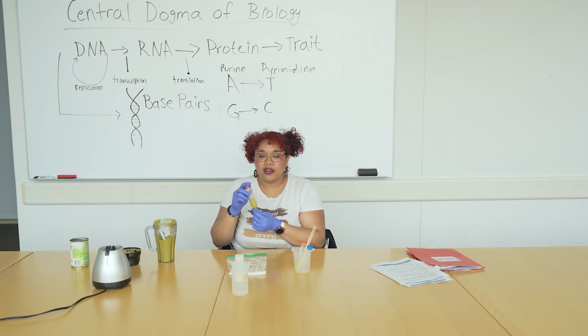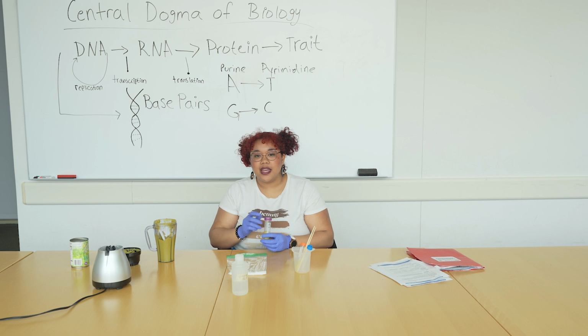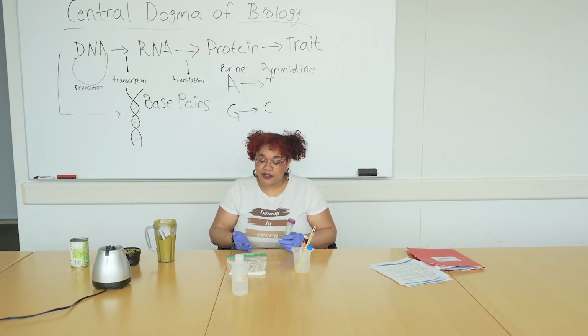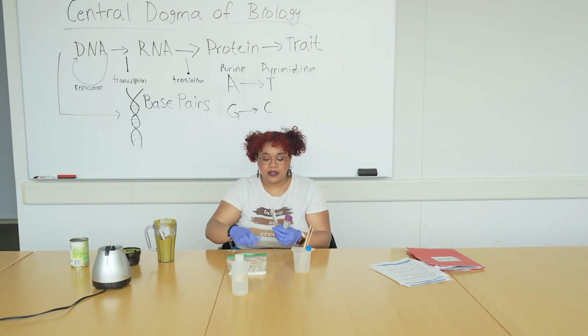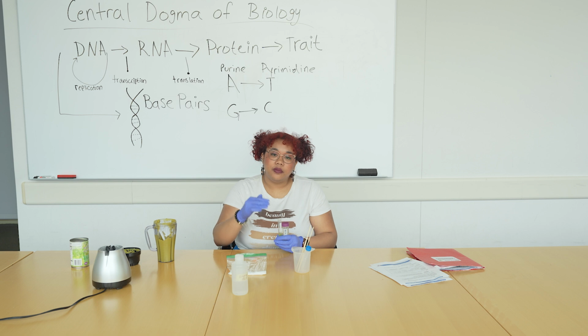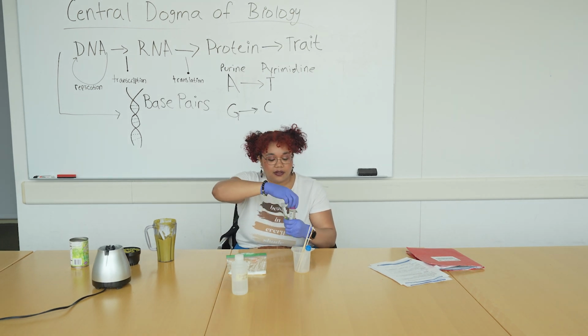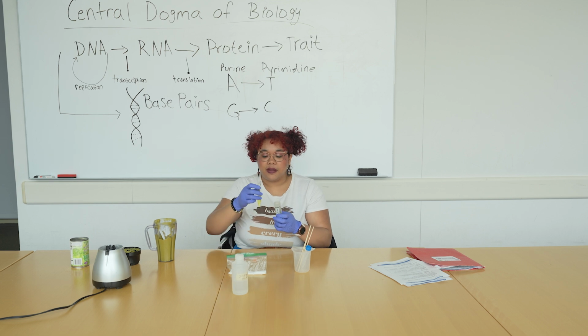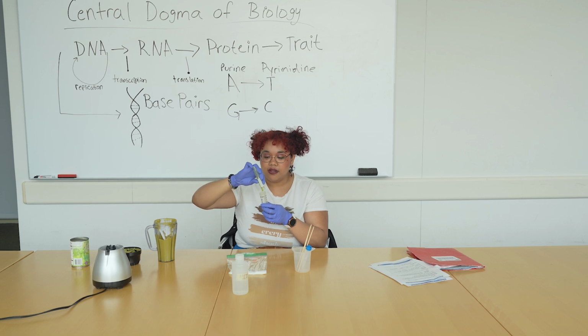But once we have our, for myself at least, a pea soup, we can then go ahead and add our extracting buffers, or at least in this case, dishwasher detergent. And you can follow the protocol within the sheet that you have access to get the exact measurements, but we want to add at least about 2 tablespoons of dish detergent, and we'll add that directly into our solution.